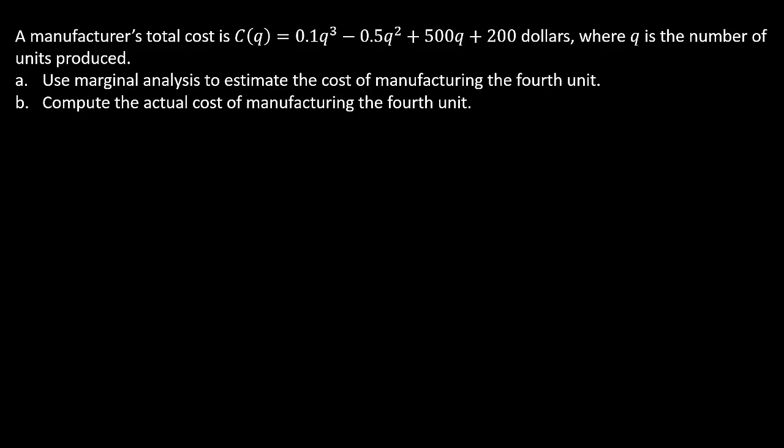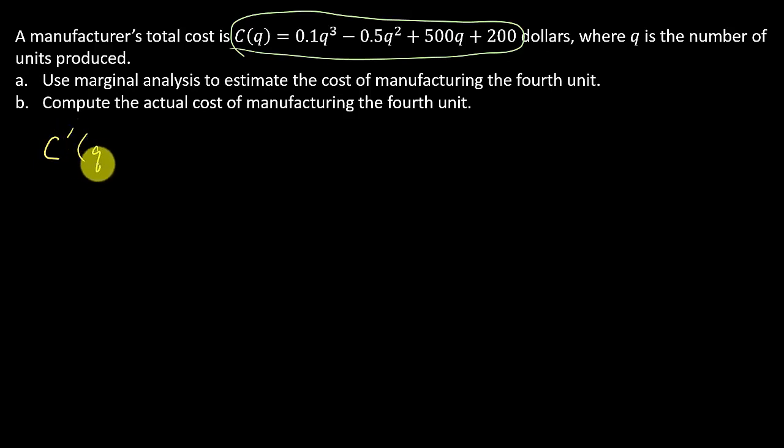All right, so to do this, we will need to take the derivative of this cost function here. So let's go ahead and find the derivative, C prime. Taking the derivative of this is just the power rule.